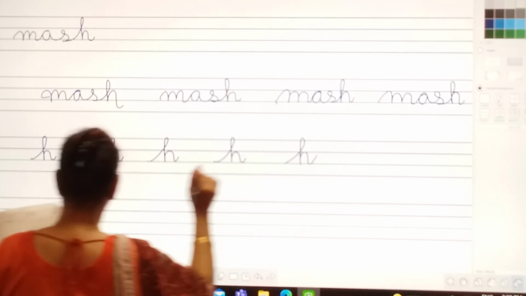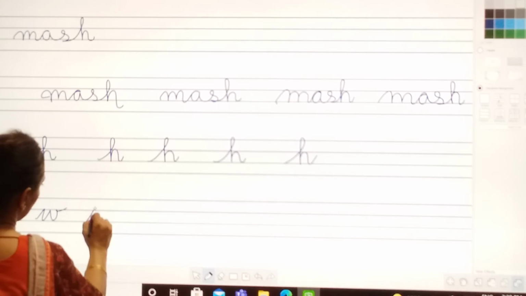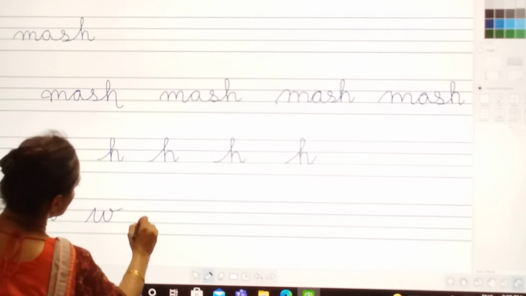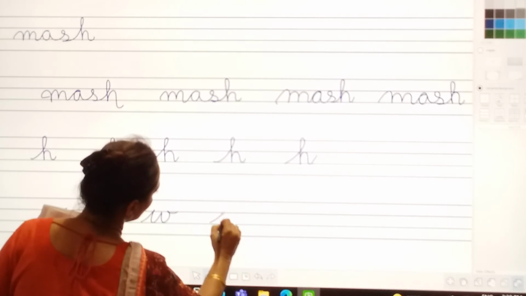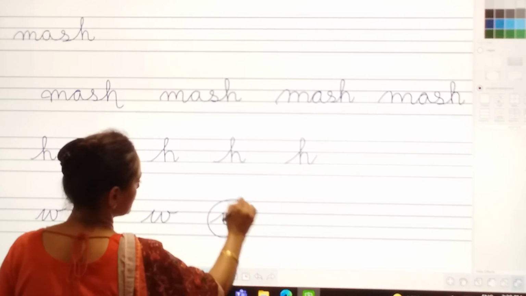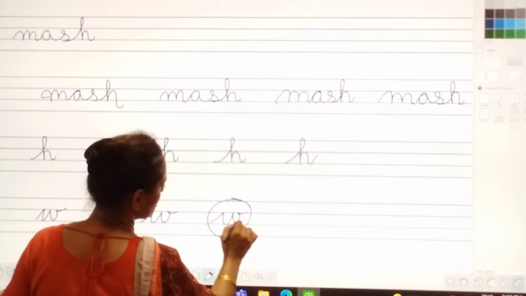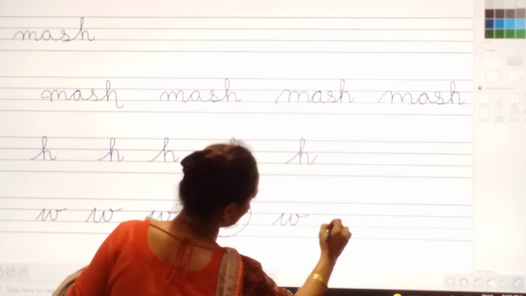H. And one more, W. How you will write that? Yes, in this way. Slowly and slowly in this way you will write letter W. This is wrong because it has not touched the line. W. Clear? Yes.